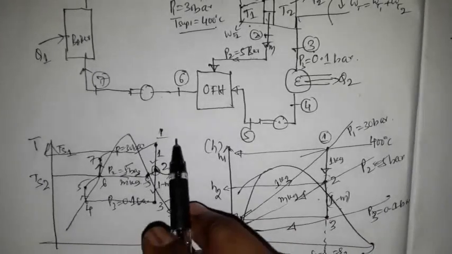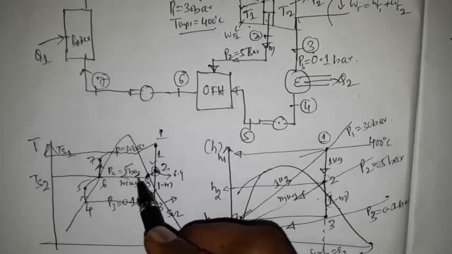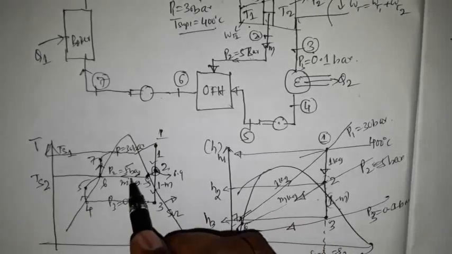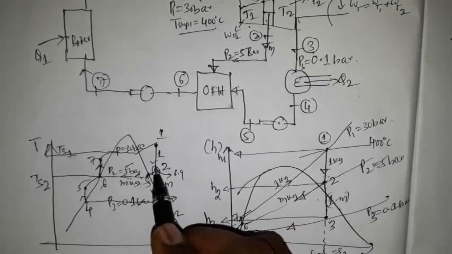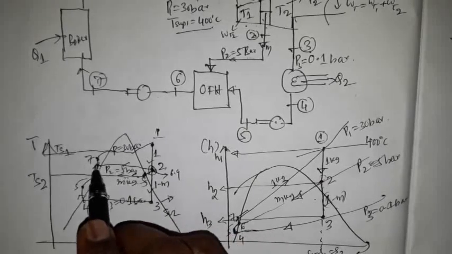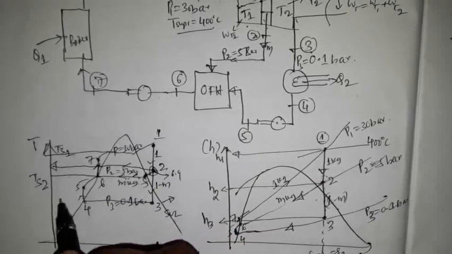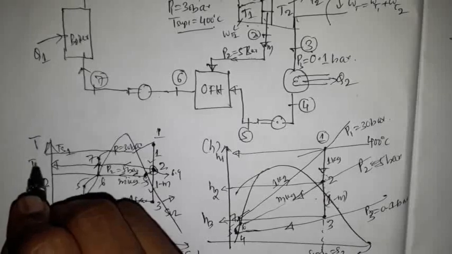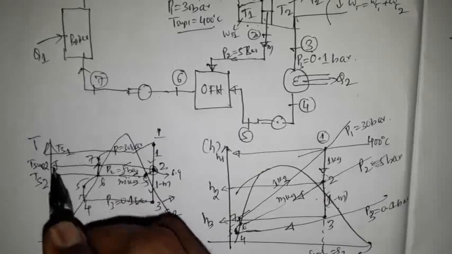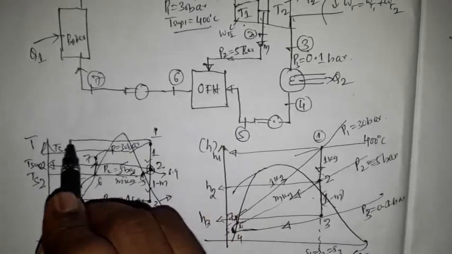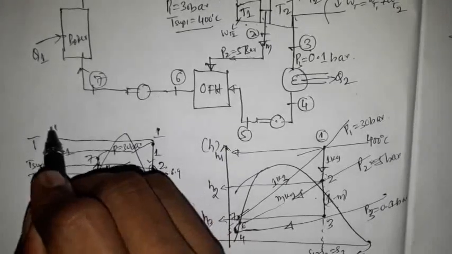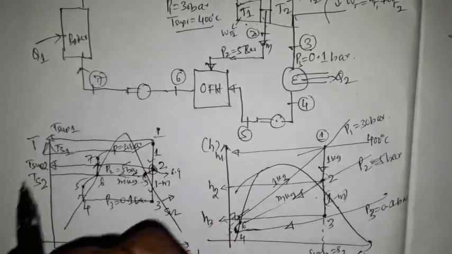So now we have the saturation temperature, and again we have the superheat temperature at state 2, this is T superheat 2, and I have a T superheat temperature 1.